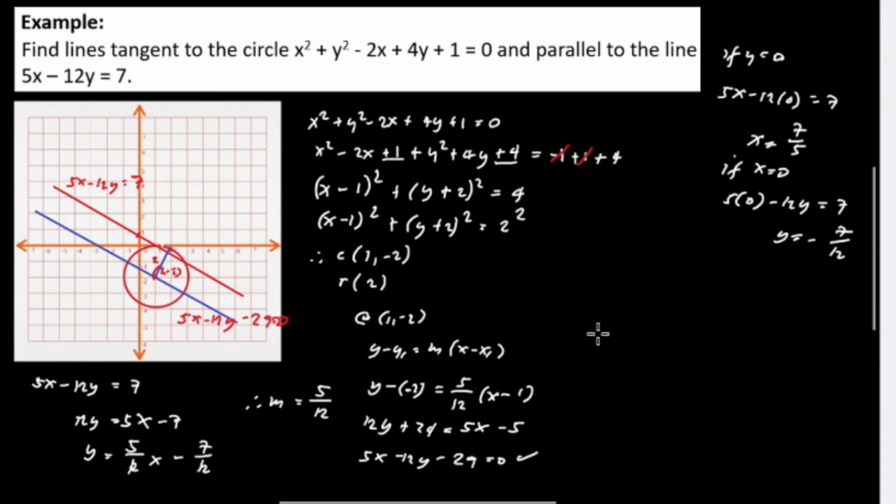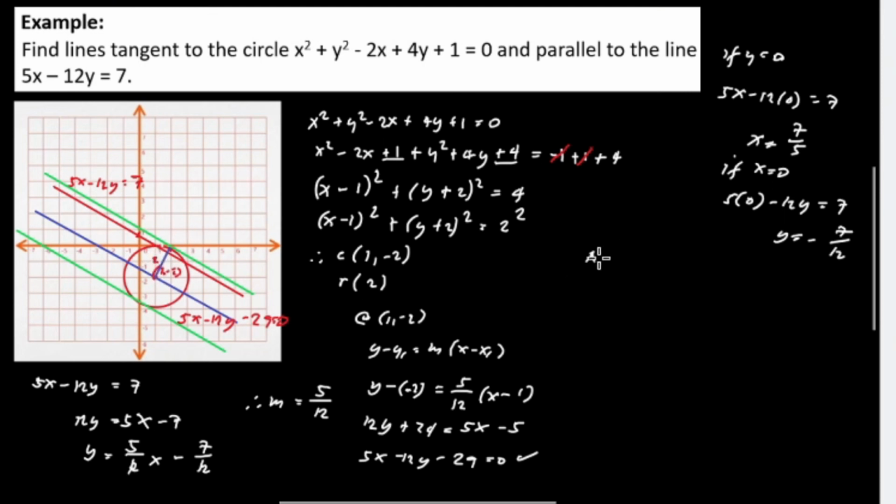Using the distance from a line to a point, we can have the equation of the tangent lines. Using the distance from the line, which is the blue one, to the point of tangency, it is equal to the radius, or 2.